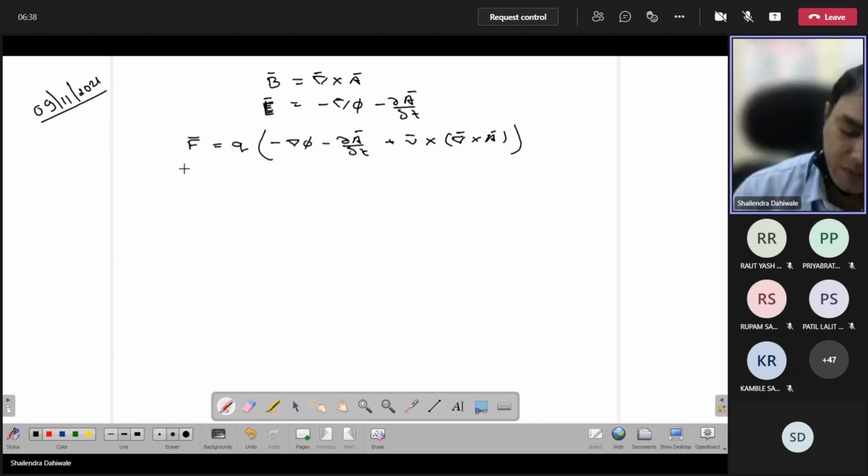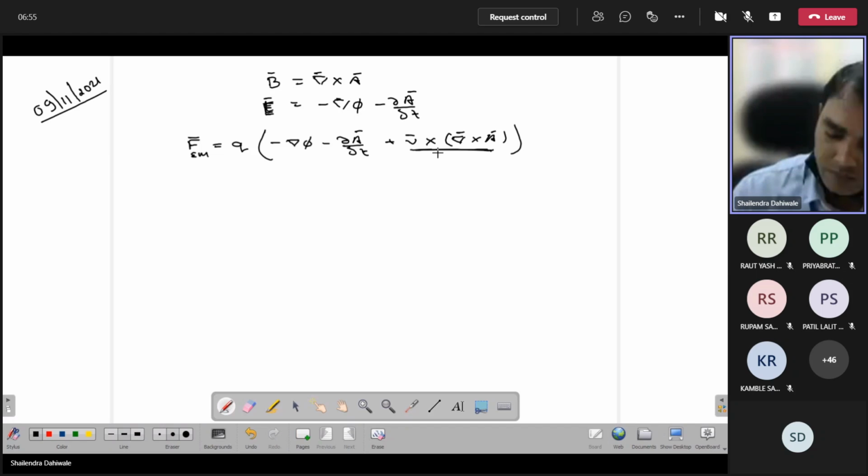And then we were trying to get the x component of this electromagnetic force. So we were trying to solve this.